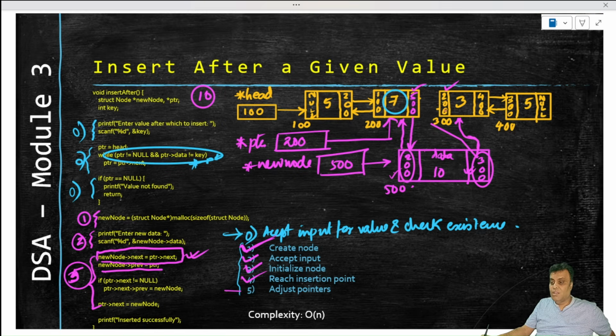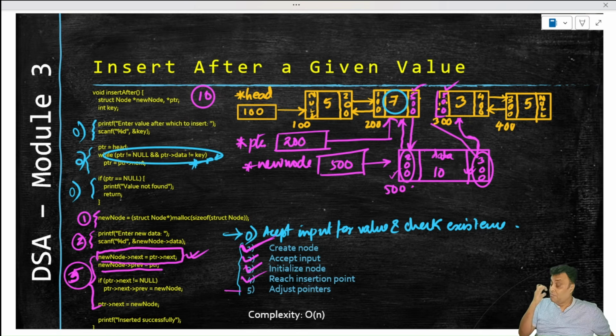So this 200 now needs to change also. This 200 will no more be 200. It will therefore now become 500. So this will become 500, and we will therefore have all the node pointers the same. Now how do we make these changes? These last 2 changes, we will say that the pointer's next, that is this 500, which was not 500, you remember it was 300. We are changing that, right?